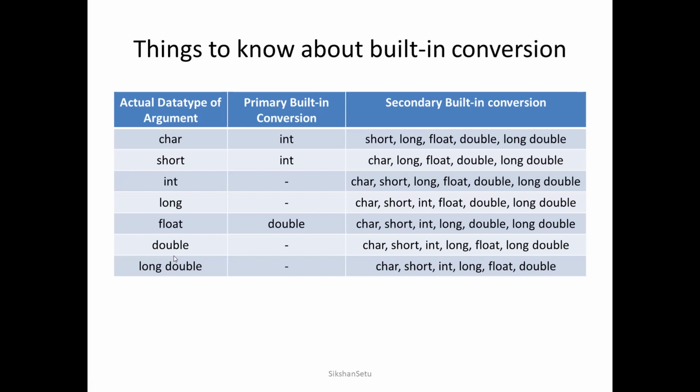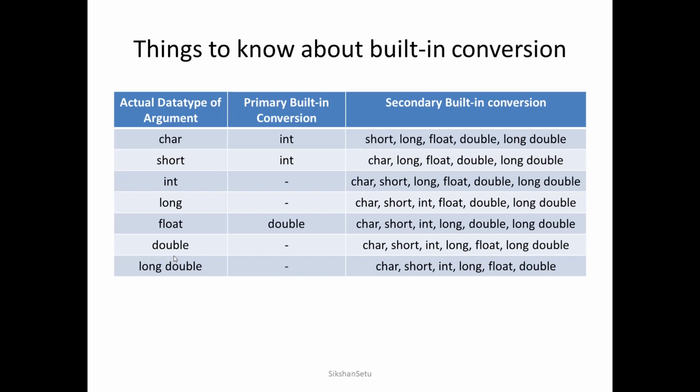So here we need to keep in mind that the system will try to find the exact actual parameter. If it is not found, then it will try to find primary built-in conversion. If primary built-in conversion isn't found, then it will try to convert using secondary built-in conversion.